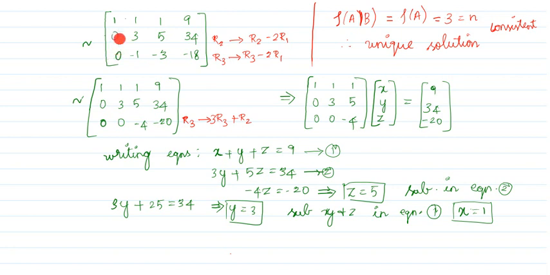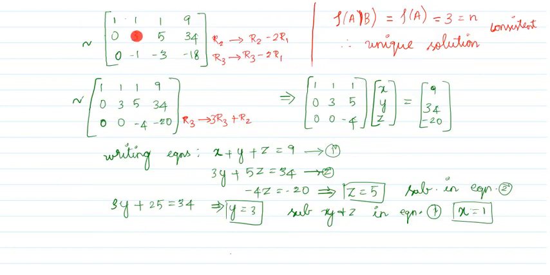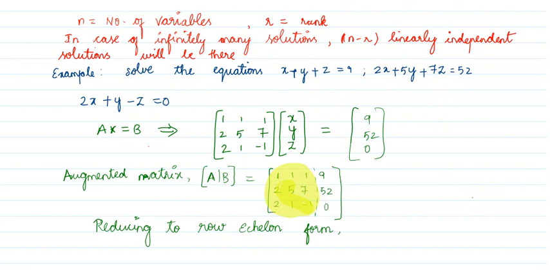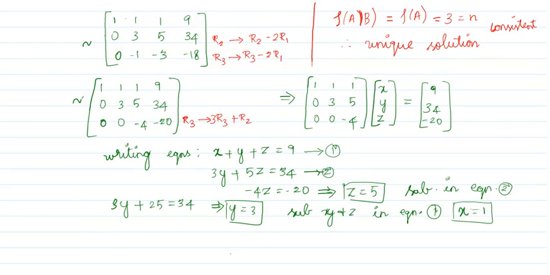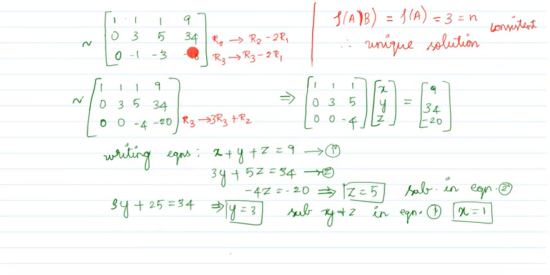So this becomes 0, and 5 minus 2 is 3. Similarly we get the other elements: 52 minus 18 is 34, and 0 minus 18 is minus 18 here.